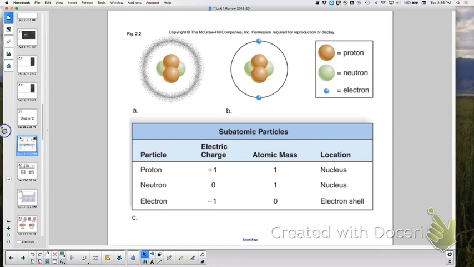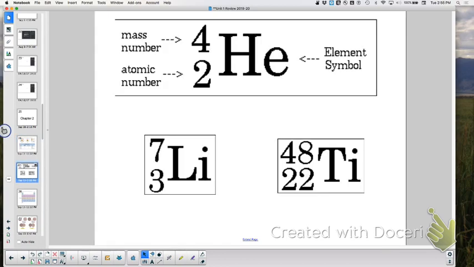Then we talked about happy, unhappy. Is lithium happy? No. How many protons does lithium have? 3. He has 3 protons. What else does he have?